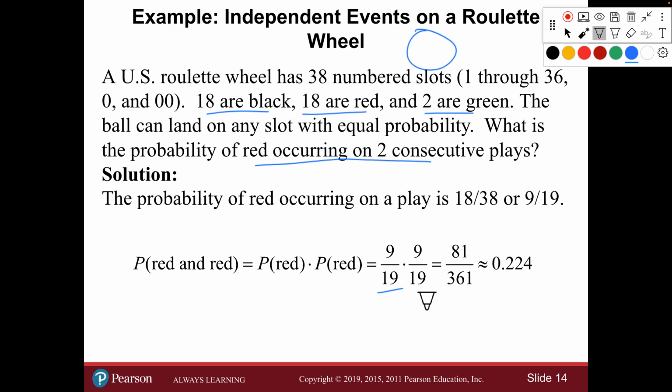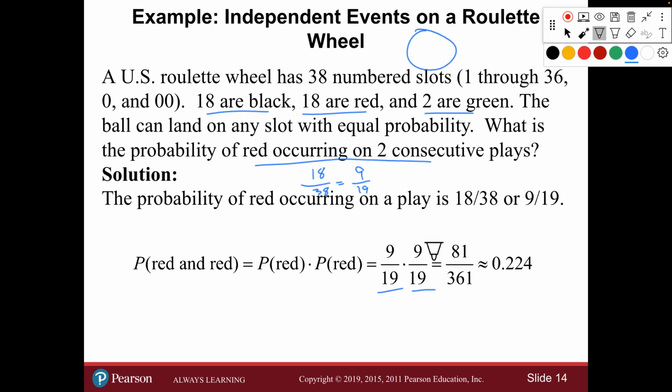So notice, 2 different trials. The first one has 9 out of 19, because there are 18 reds, so that's 18 out of 38, which gets reduced down to 9 out of 19, right? Divide both the top and the bottom by 2. There's a common factor of 2 that cancels out.